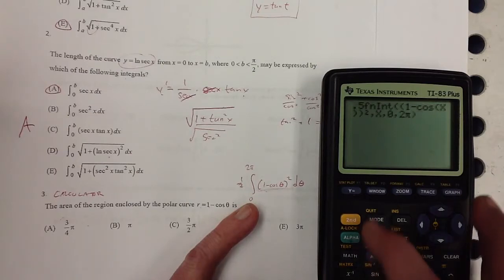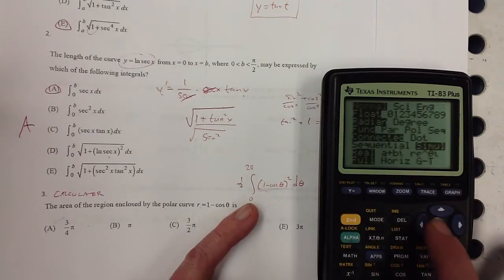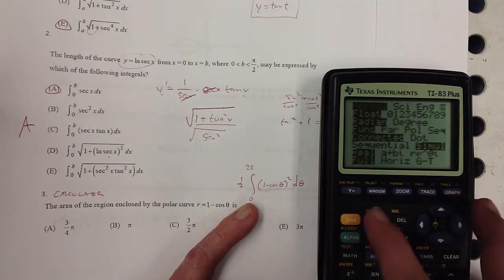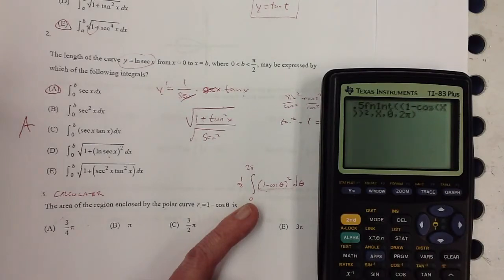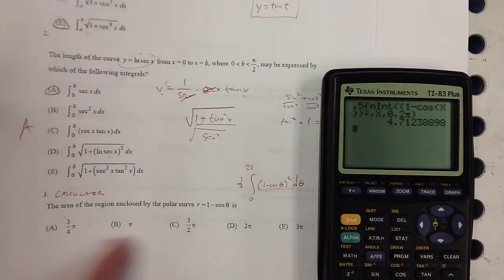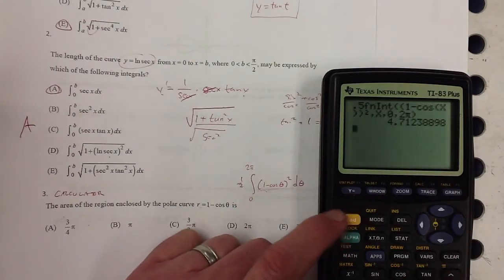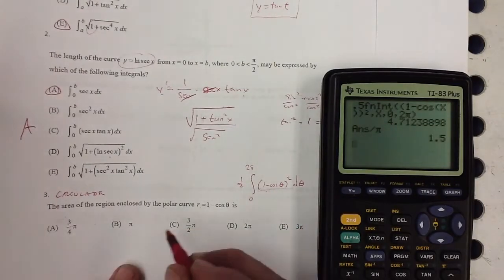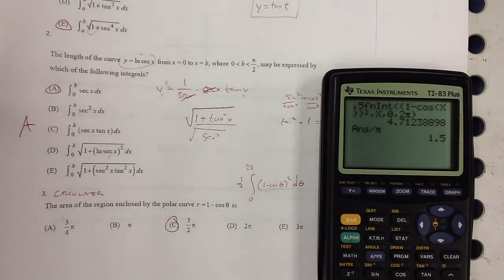And before I hit enter, I'm just going to go to mode and make sure that I'm in radian mode. And that gives me 4.712 blah blah blah. And if you're not sure how many pi's that is, just divide it by pi. That's 1.5 pi, or in other words, c.